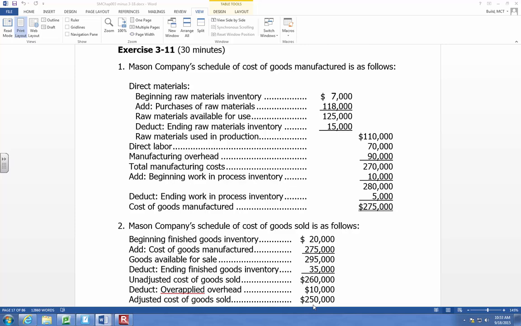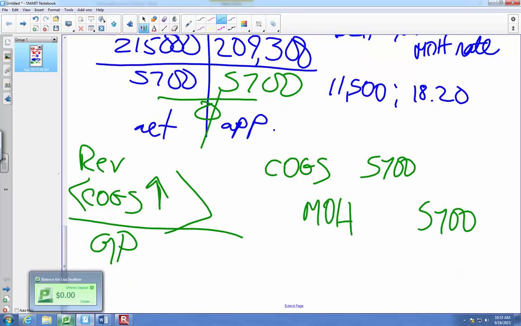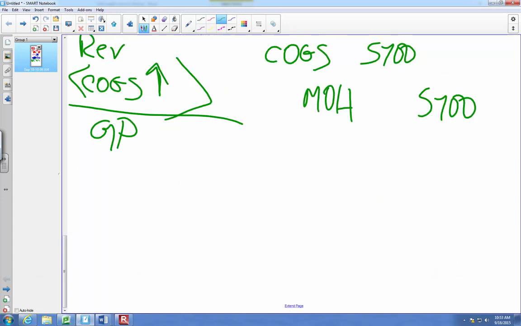Oh, so we're on the multiple choice? Yeah, number 5. If net operating income was 50,000, then the beginning finished goods inventory for Argyle was what?